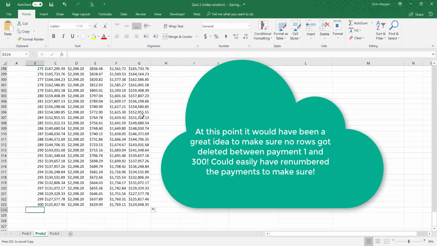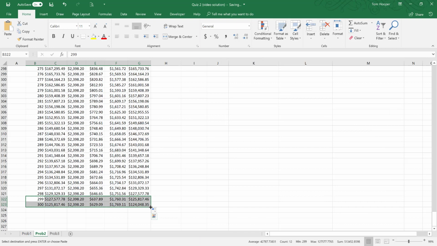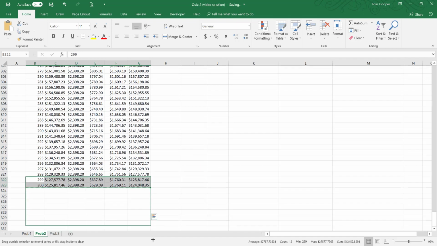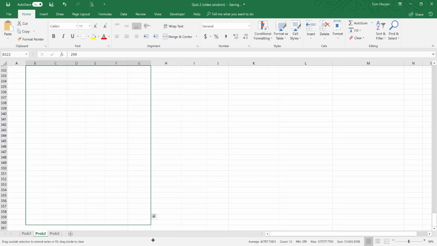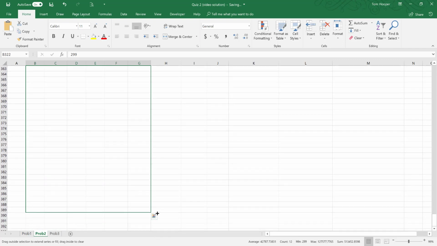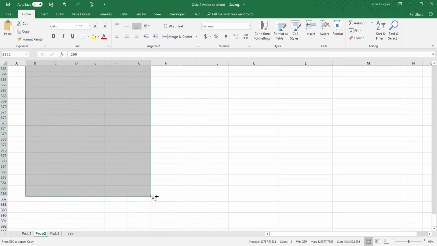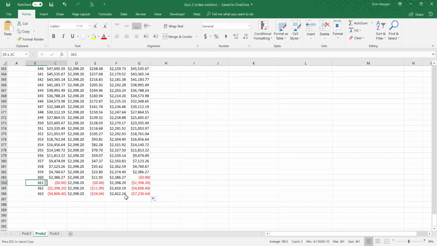I listed it at B324 and then copied this down 60 rows. Not with Control C, but we want that 299, 300 to continue to count. And I think about 383 or 384 gets us to the right number of payments. We'll delete the ones we don't need.